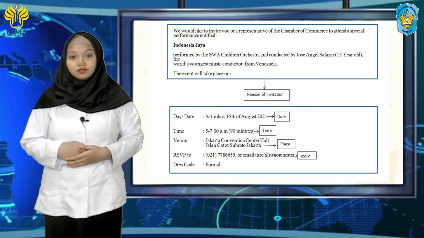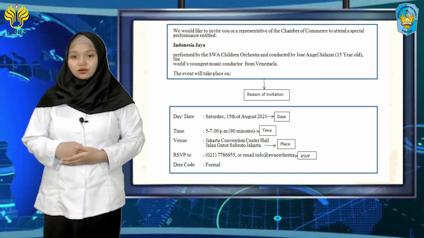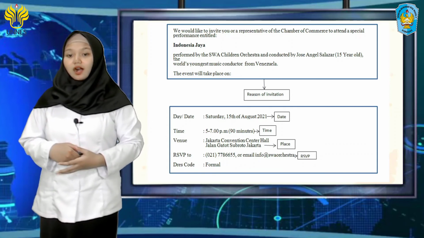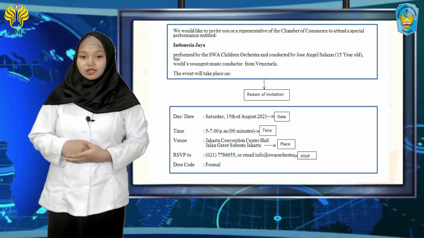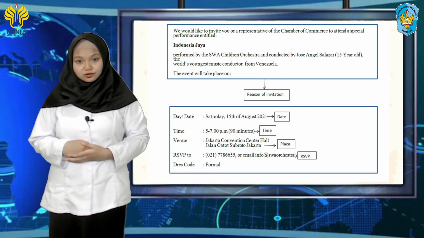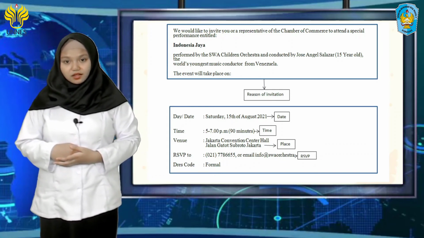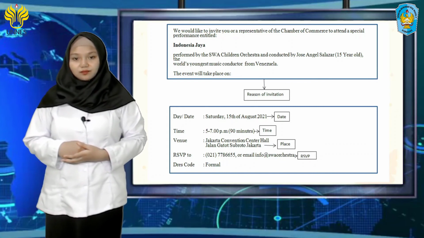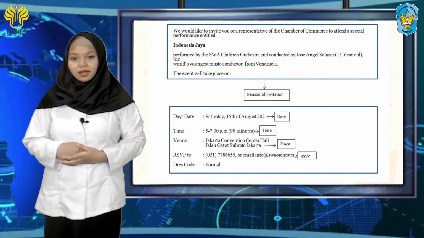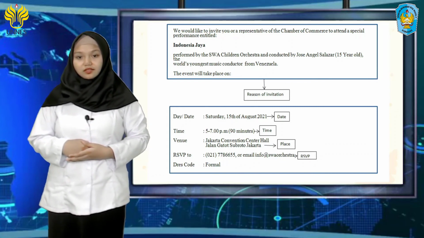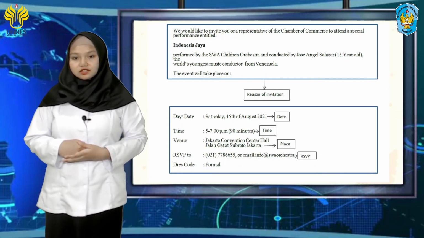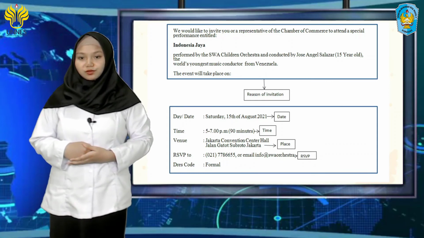And then the event will take place on, so this is the date, time, place, and also there is RSVP and also the detailed information, dress code. For the date, Saturday, 15th of August 2021, time 5 until 7 p.m. The venue, Jakarta Convention Center Hall, Jalan Gatot Subroto, Jakarta.